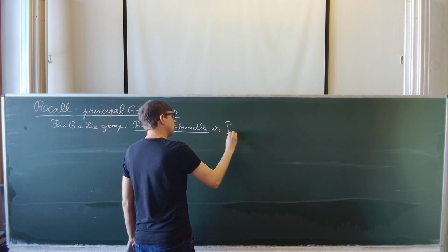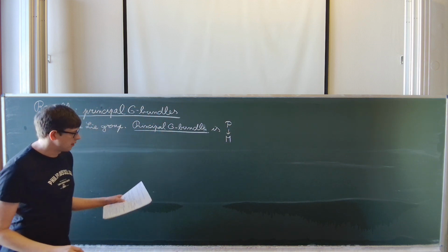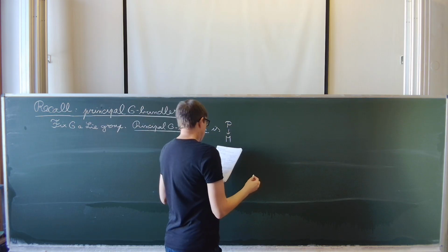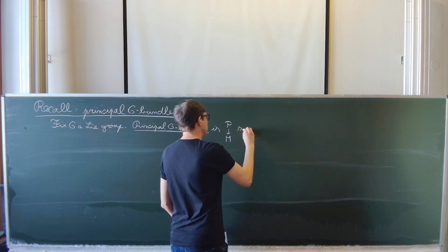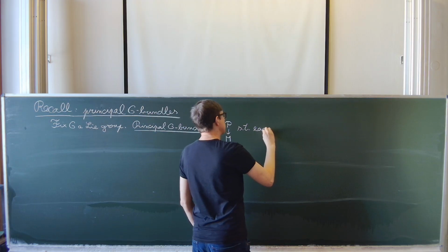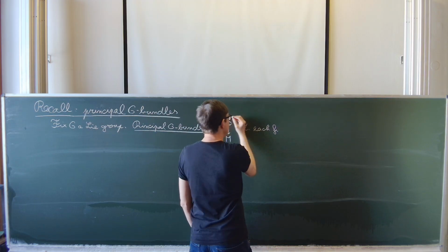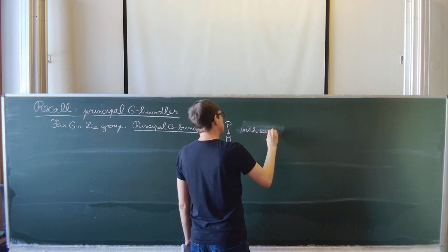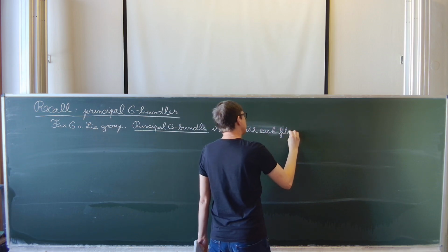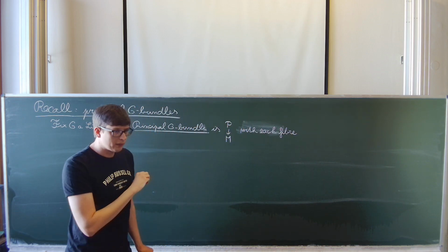a principal G bundle is a map of two such spaces. So it's a principal bundle over M, such that each fiber, okay, fiber means preimage of a point.